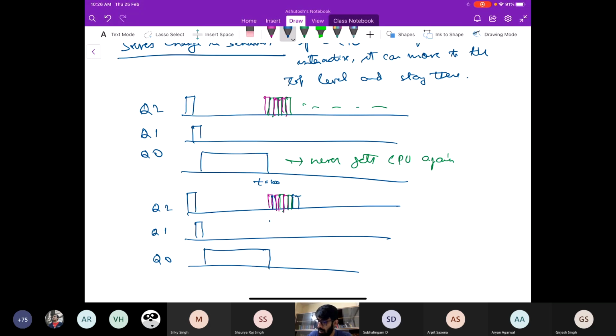And then it runs here, the blue job with these jobs. And now it has used its 10 milliseconds, so it goes down, meaning again, it just doesn't get CPU. But then these jobs run again for 50 milliseconds.